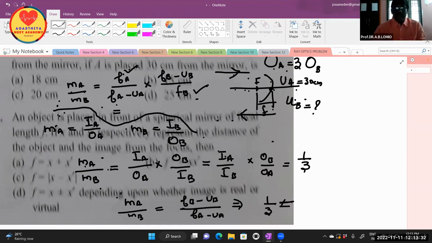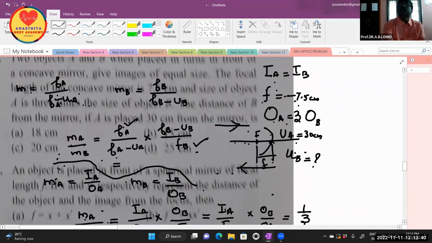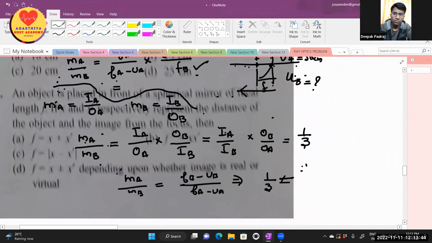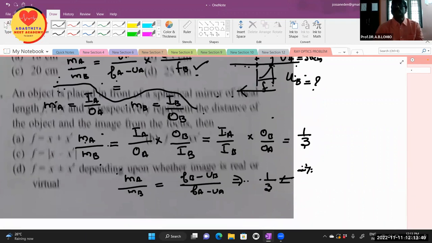What known value is there in this? F is there. How have we taken F? F is minus 7.5, see the given data. Now substitute the value: FB minus 7.5, minus UB has to be found out. And again FA minus 7.5, minus UA is given.